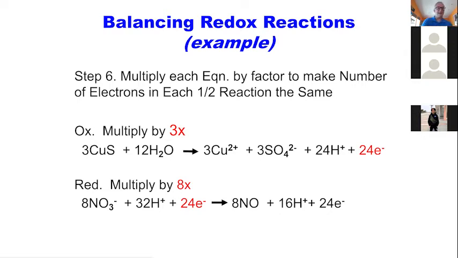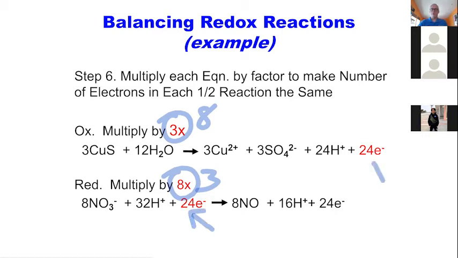We had 8 electrons in the oxidation and 3 electrons in the reduction, so we multiply the oxidation by 3 and the reduction by 8. That way we have 24 electrons as reactants and 24 electrons as products as well. That balances the electrons.